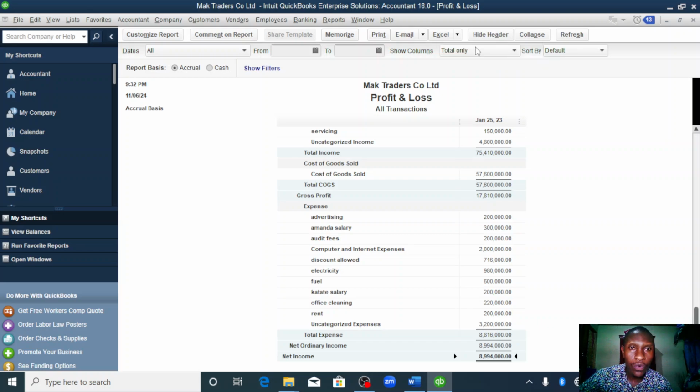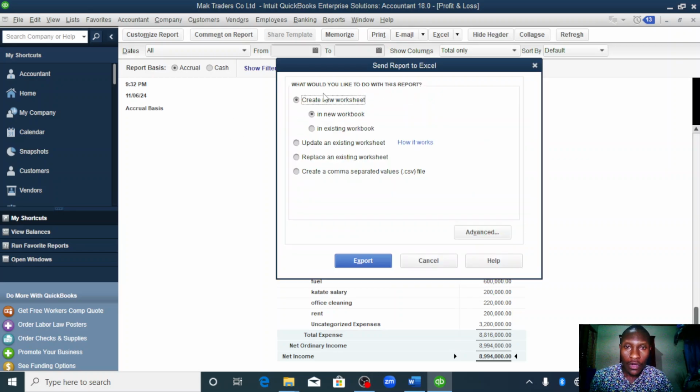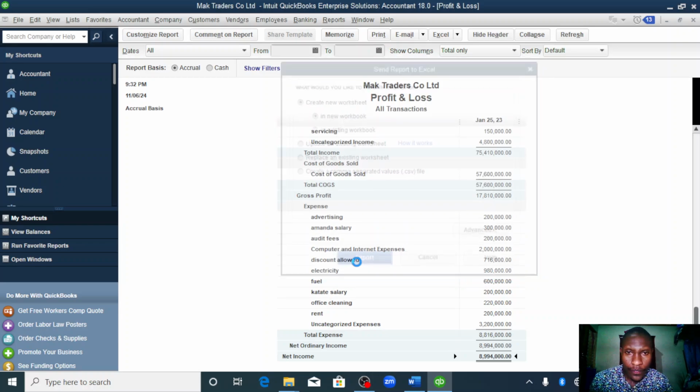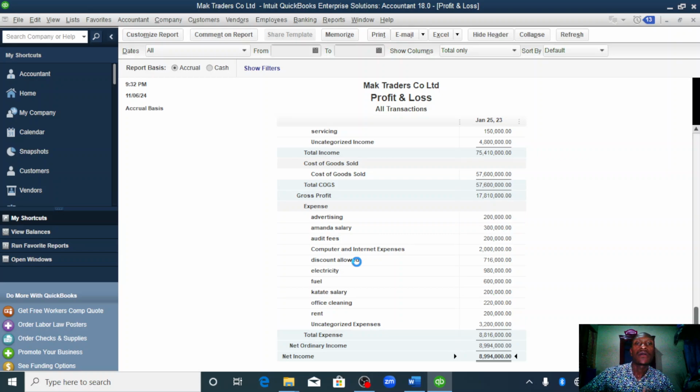We click on new worksheet. You see loading. So it is done updating the content there. Then we export. So it is extracting my profit and loss.